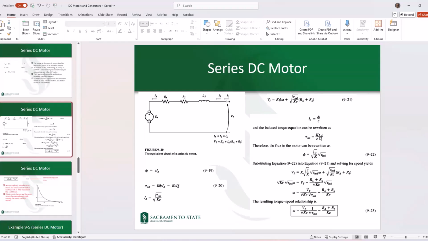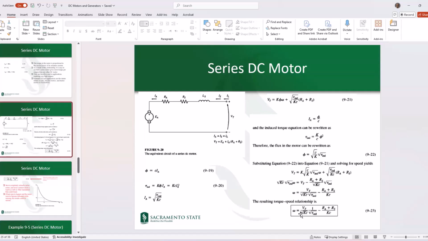So if you solve for phi from this equation, you would get equation 9.22, and then you can substitute that phi into 9.21 in here and solve for the speed. So this is the math. The speed based on torque would get this characteristic.